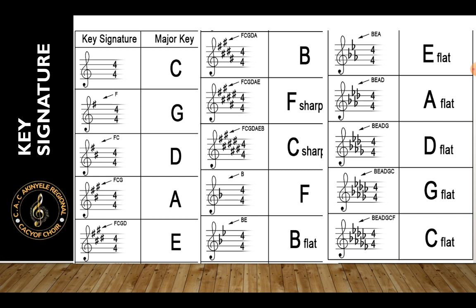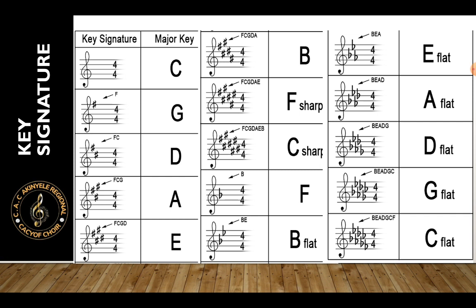A, and that reminds you that the key that has three sharps is key of A. And the last note that is affected is D in the case of four sharps, and after D, you move upward, you have E, and that reminds you that the music built with four sharps is in the key of E major.